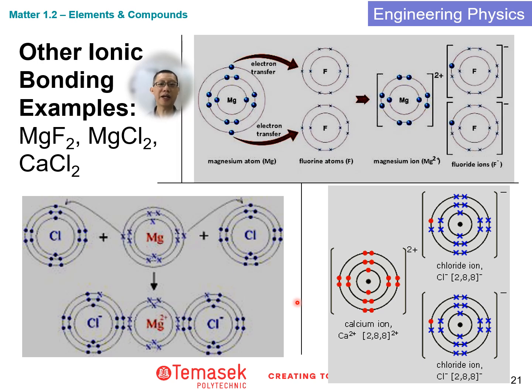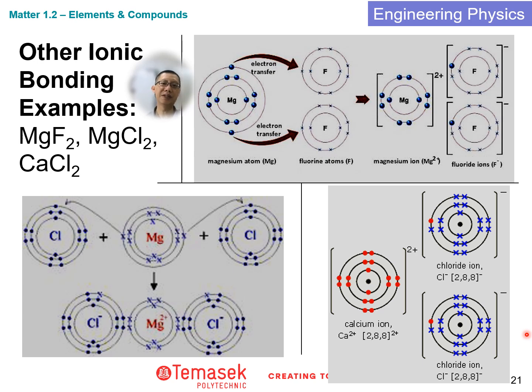Formation of calcium chloride, CaCl2. Finally, let's examine how calcium, Ca, bonds with chlorine to form calcium chloride, CaCl2. Calcium has 2 electrons in its outer shell. It loses both electrons to achieve a stable electronic configuration similar to the noble gases.